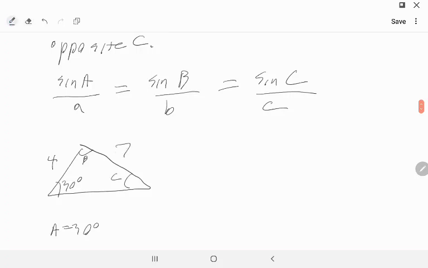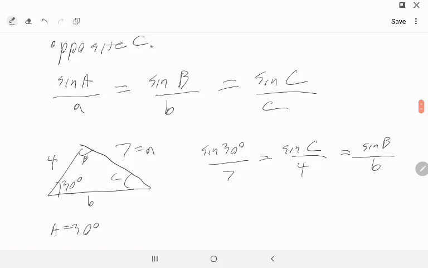So if A is 30 and lowercase a is 7, we can figure out what B and C have to be. Sine of 30 divided by 7 has to equal sine of C divided by 4, and that also has to equal sine of B divided by lowercase b.